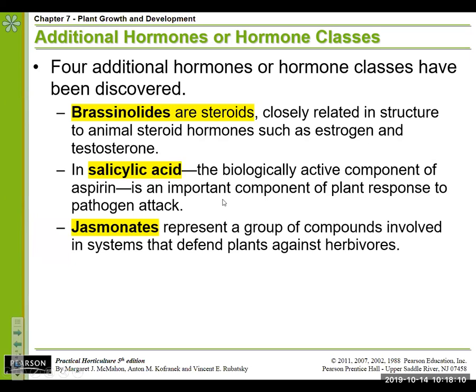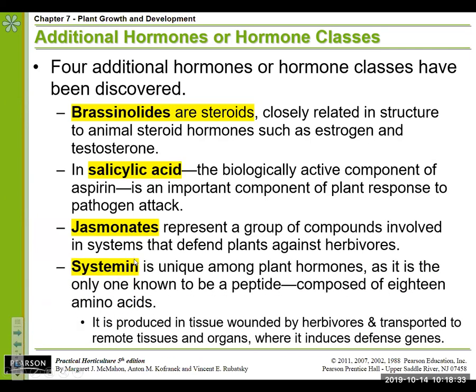The jasmonates are a group of compounds that, again, kind of similar to salicylic acid, are a defense hormone to trigger changes in the chemical composition of leaves to make them less palatable from herbivore attack, like pests that are feeding on the leaves.